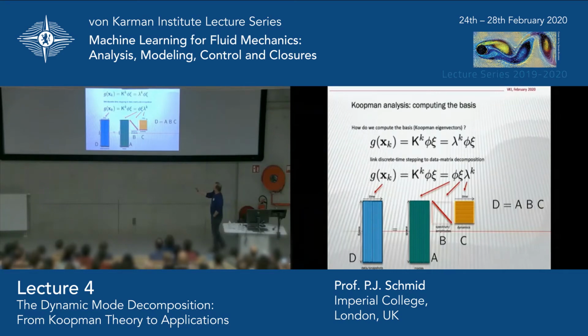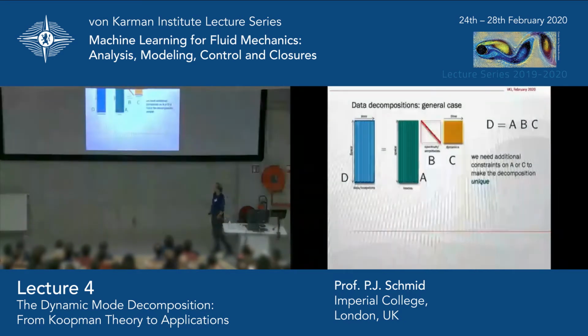So a Koopman decomposition of observables is nothing more than a data decomposition of a data matrix, a factorization into modal structures. These are spatial structures, these are the amplitudes, and this is the dynamics. At this point, the only thing I prescribe is that the middle matrix, the B matrix with the amplitudes, is diagonal. That makes it nice to break apart which structure has what dynamics, so they don't mingle up. They can be studied in isolation.